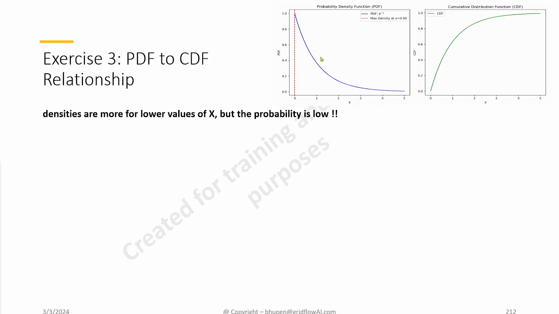As the value of x is increasing, the PDF is decreasing. So it means the likelihood of the function where the variable is taking higher values is going down. That's what it means here, the PDF.